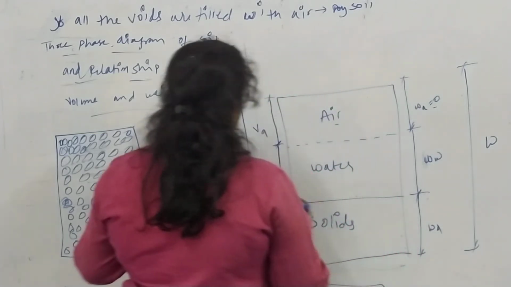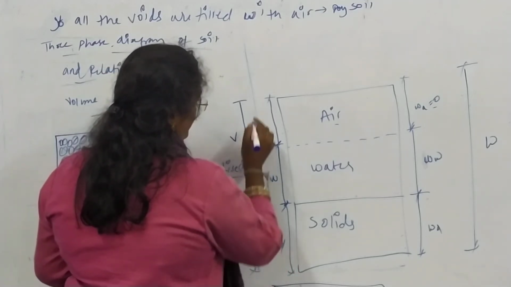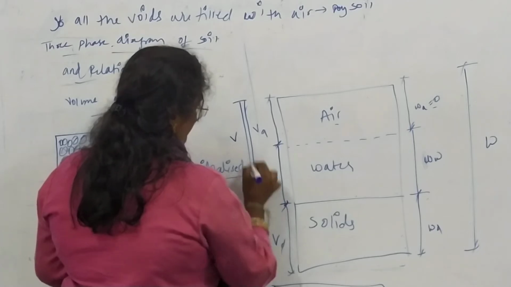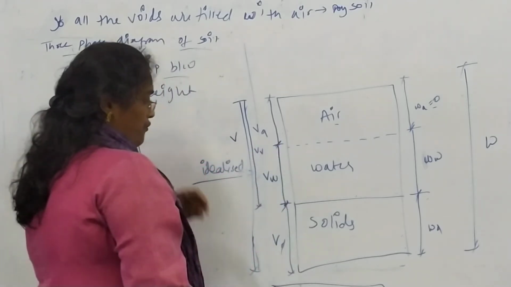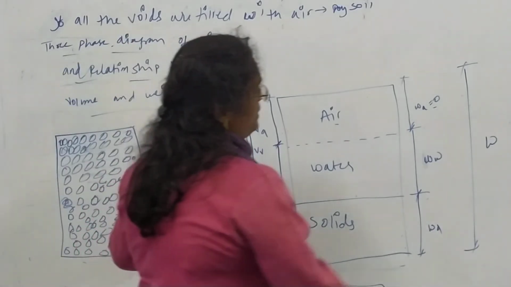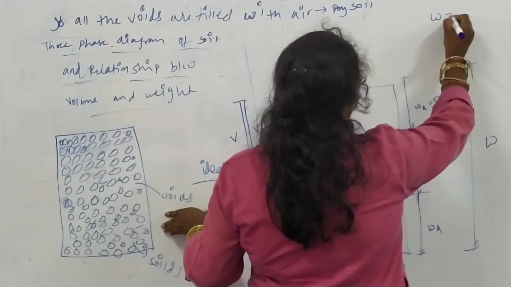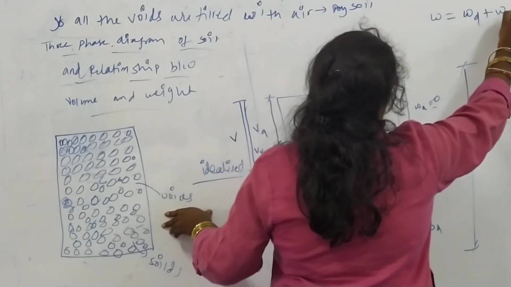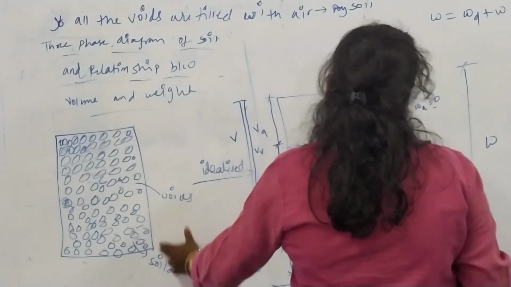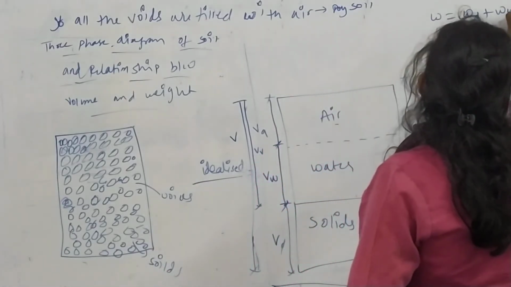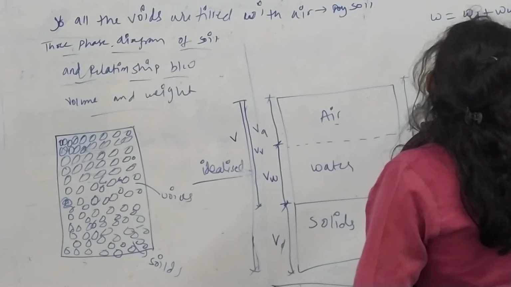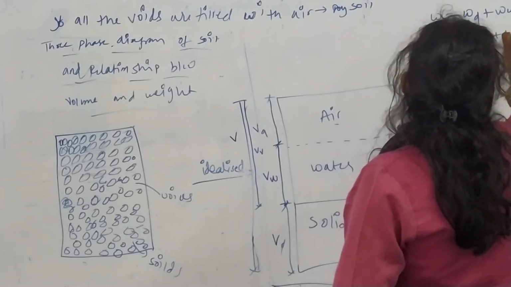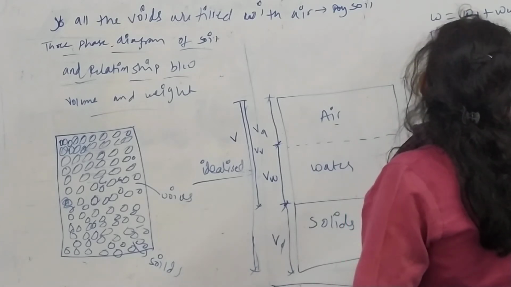Remember this one. From here to here I am taking it as V. Total W will be equal to weight of solids plus weight of water, because WA will be 0. W is equal to WD plus WW.